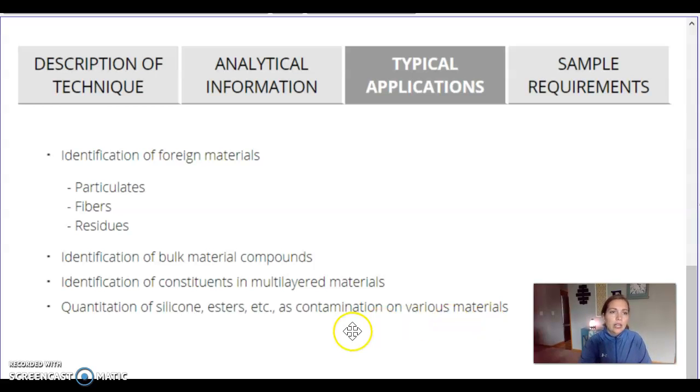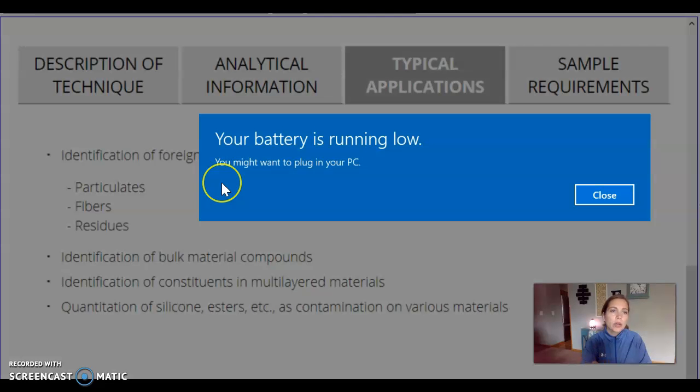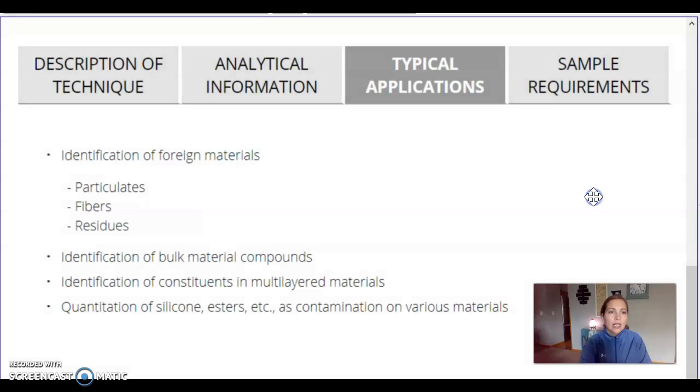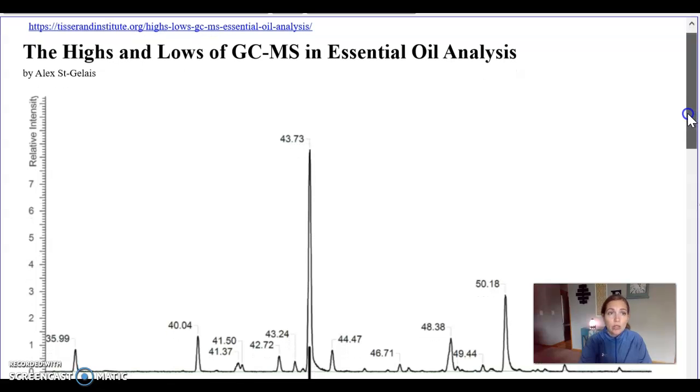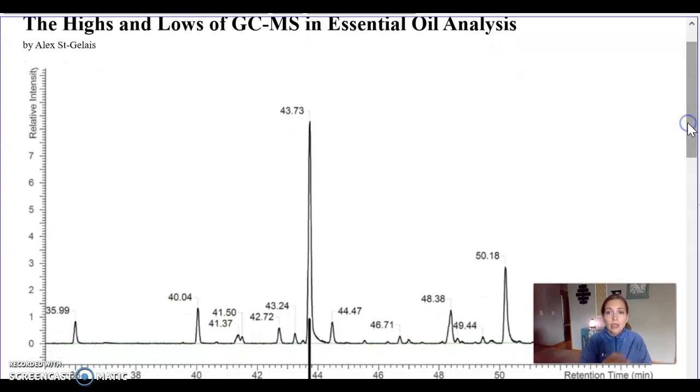Okay, so again, they're looking at the little particles, the fibers, the residues, and again, why that is important is because we want to compare different oils from different plants, and figure out what is the best, what is the highest quality, what is going to make our human body run at a higher frequency so that we can be healthy.